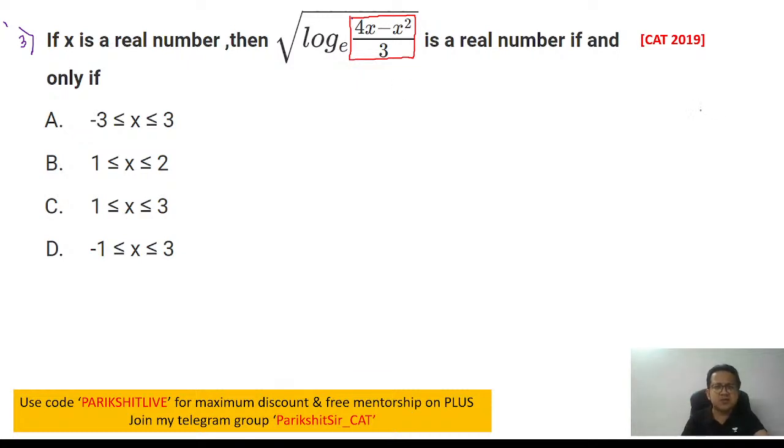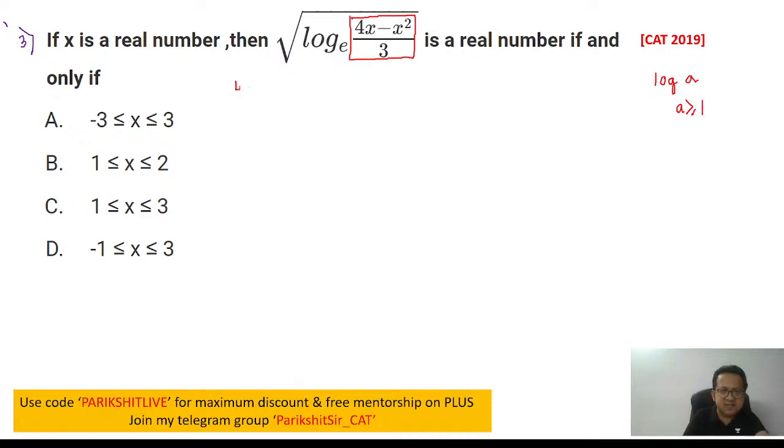So the minimum value here, the part inside the square root, the part inside the red color box, has to be minimum 1. It cannot be less than 1. Otherwise, when I say log a, this is only defined if a is greater than or equal to 1. Same logic I'm going to apply here.